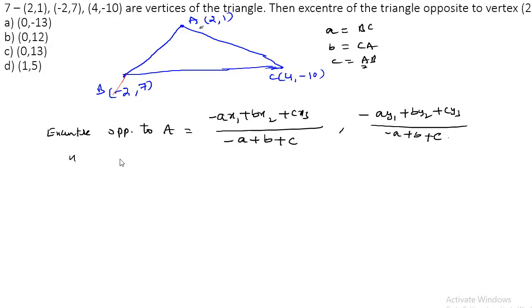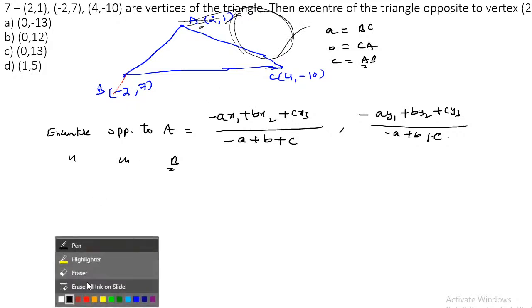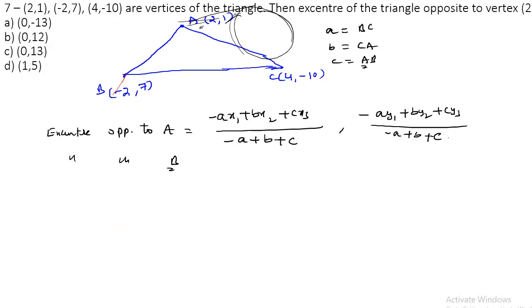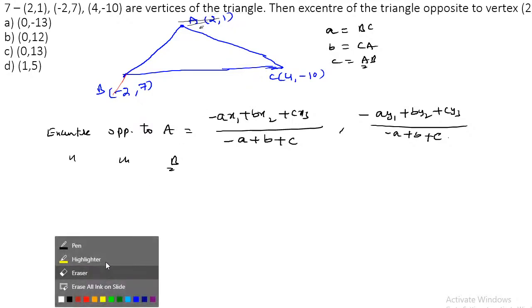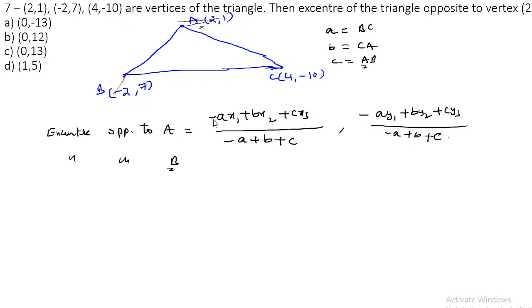If they ask to find the excentre opposite to vertex B, then we just need to shift this minus to here.